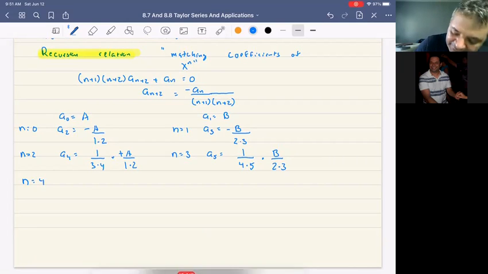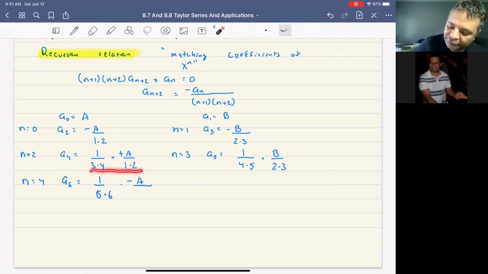That's going to be a sub 6, which is 1 over 5 times 6 times negative a over 4 factorial.